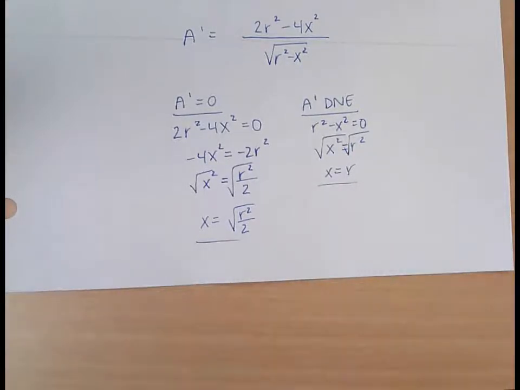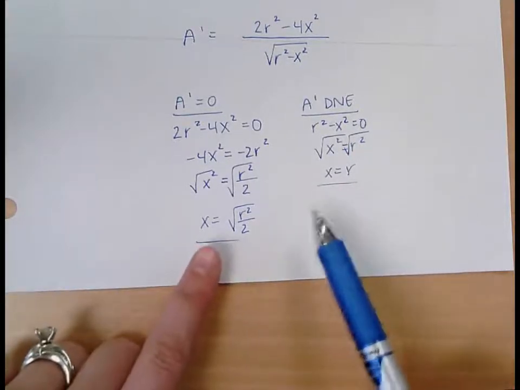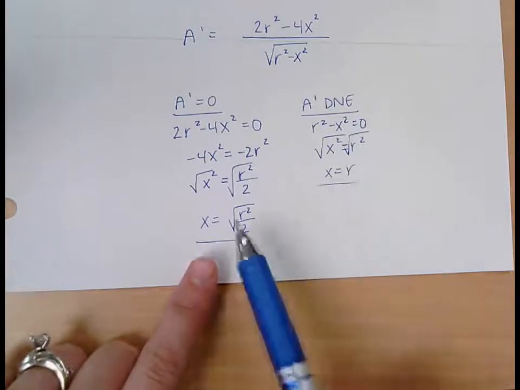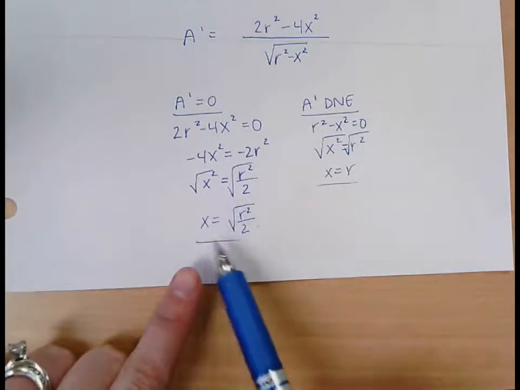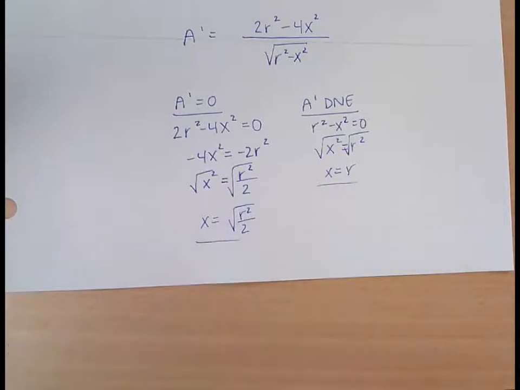And then, because this is an endpoint, you're just double checking to see does this critical value actually give you the maximum area. The problem does ask for the area of the largest rectangle, so the area is going to be your answer, whatever the largest area is.